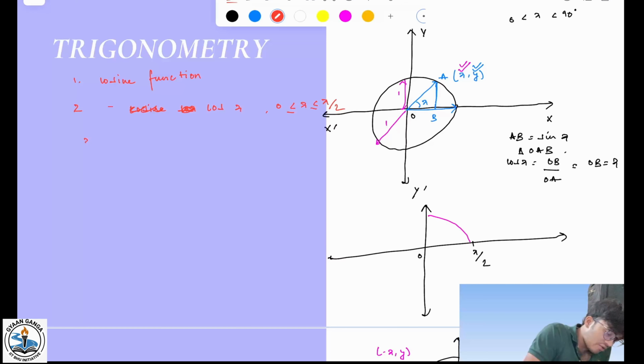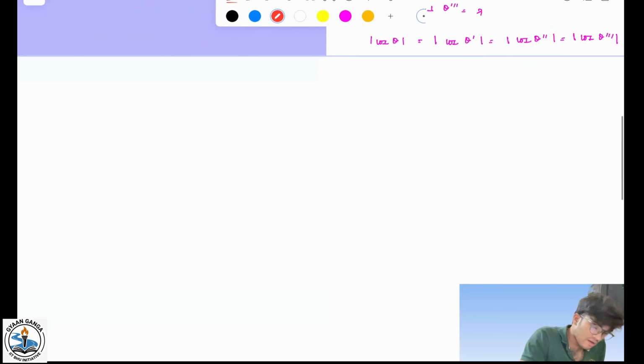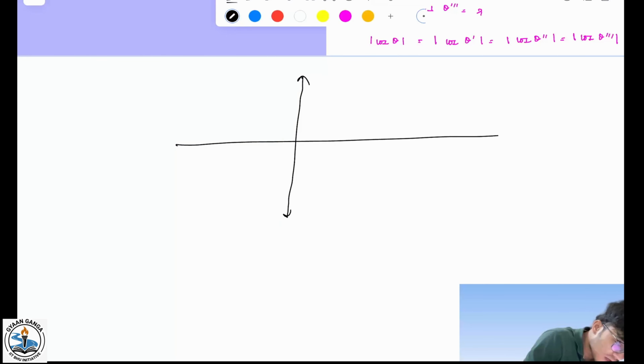So when you expand this cos function to a complete circle, that is between 0 and 2 pi, that is 0 and 360 degrees, you get a much more holistic curve. You mark the quadrants: the first quadrant from 0 to pi by 2, the second from pi by 2 to pi, the third from pi to 3 pi by 2, and the last from 3 pi by 2 to 2 pi.